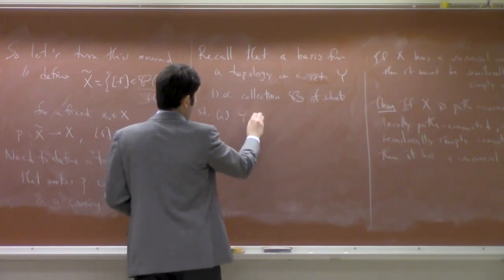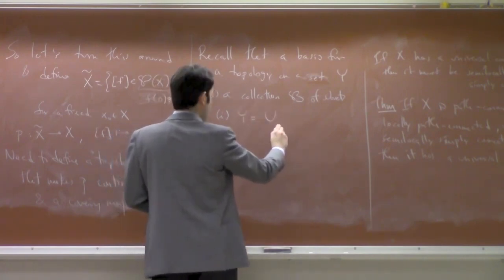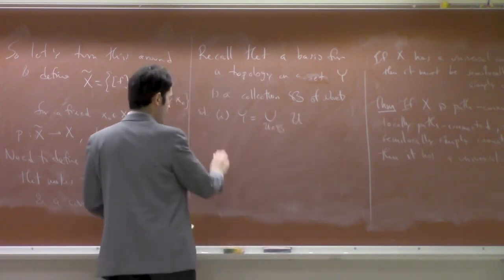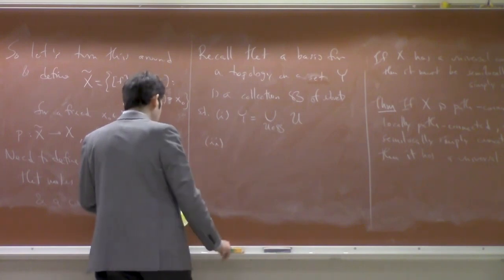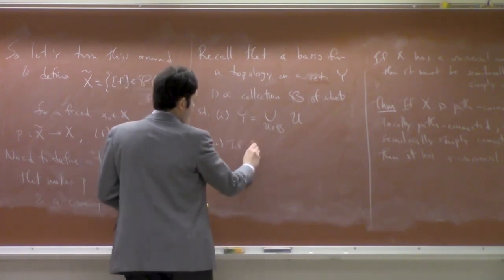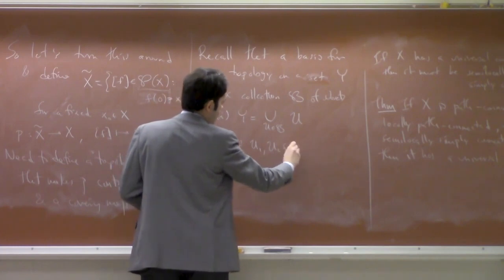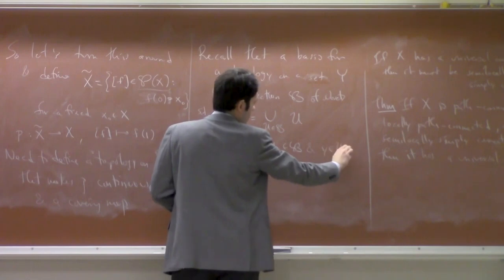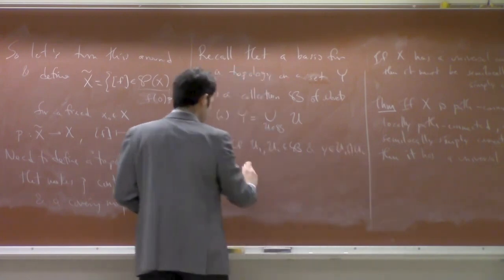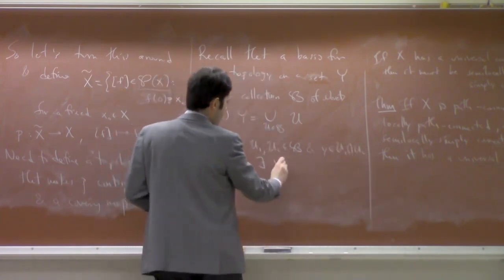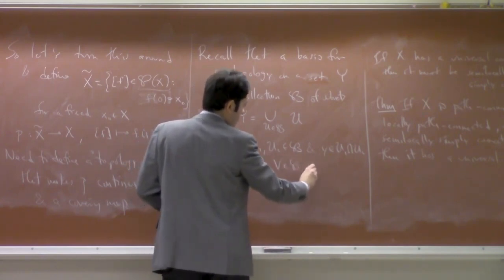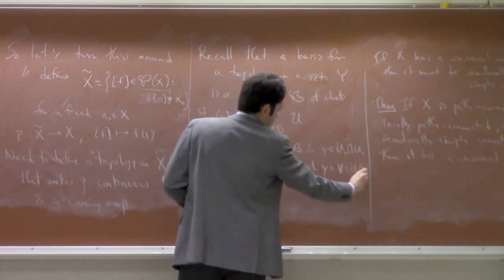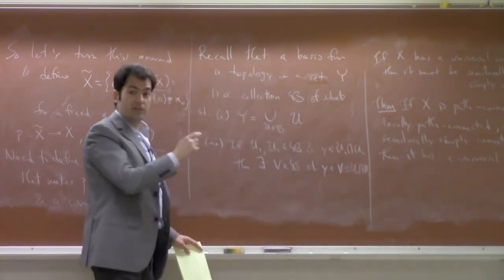First, they cover Y. And secondly, if you have two elements in B, and you have any point inside the intersection, then there is another element of B that's contained in the intersection and contains the point y.